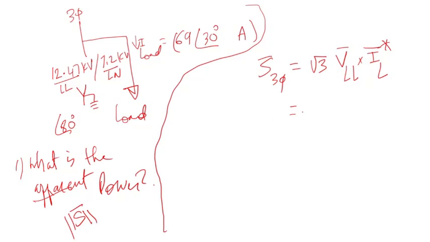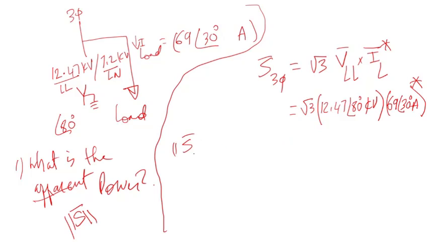So square root of 3 times the line-to-line voltage, 12.47 kV with an angle of 80 degrees, times the current, 16.9 amps with an angle of 30 degrees, but I have to put the conjugate here. It's important to remember that, especially if you are asked to calculate the phase angle.